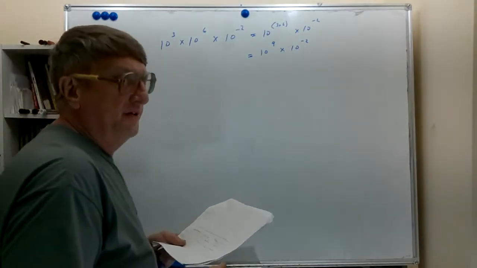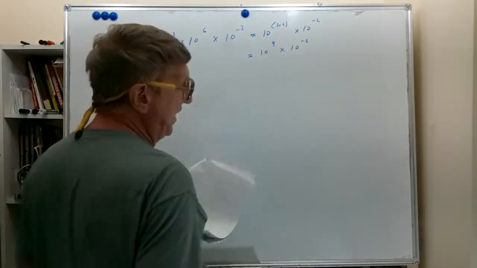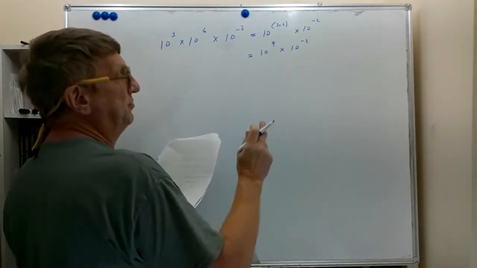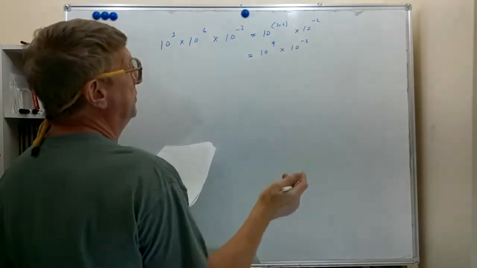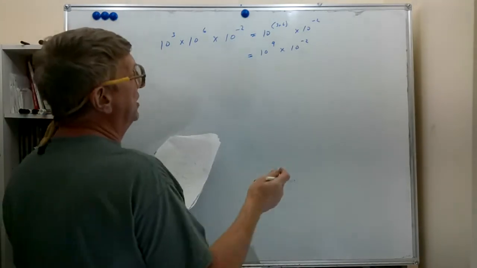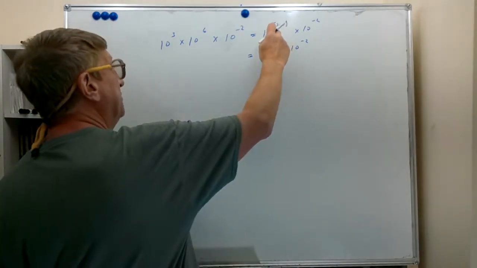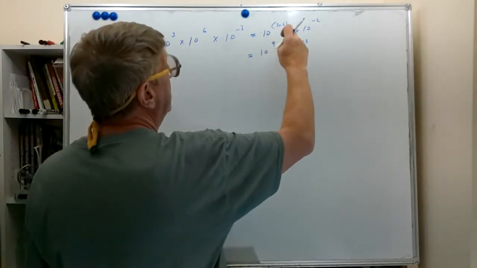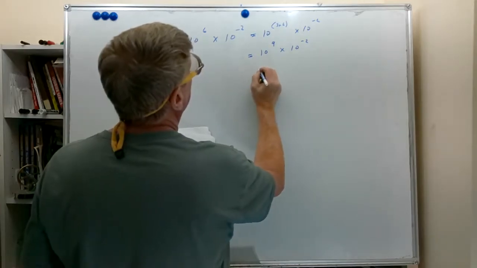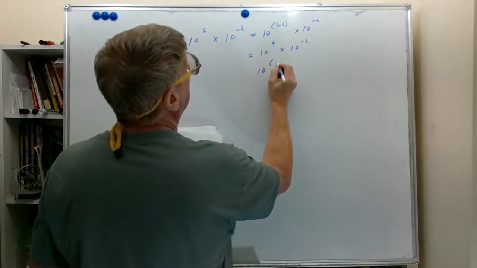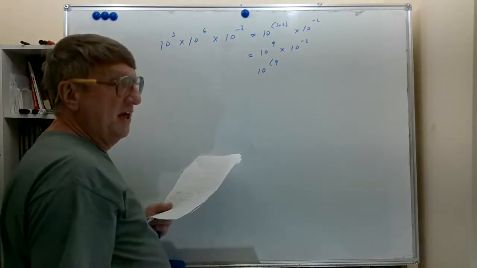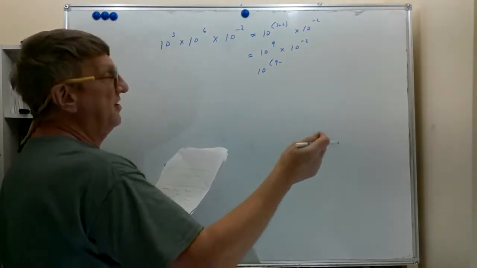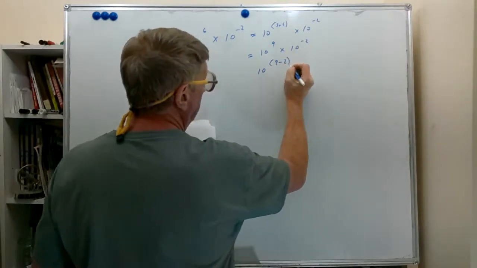Now we have exponents with different signs. We want to use the absolute values. The absolute value of 9 is 9. The absolute value of 2 is 2. We want to subtract, and we want to use the sign of the largest. Well, the largest absolute value is 9, so we're going to use the positive sign. We're going to take 9 minus 2, the absolute value of the largest minus the absolute value of the second, which was 2.